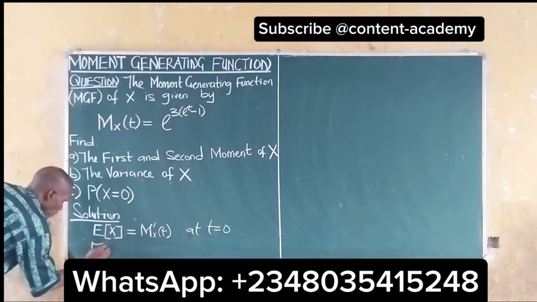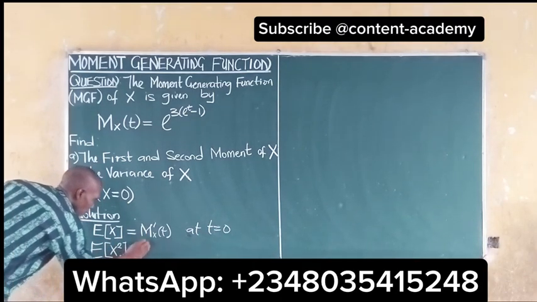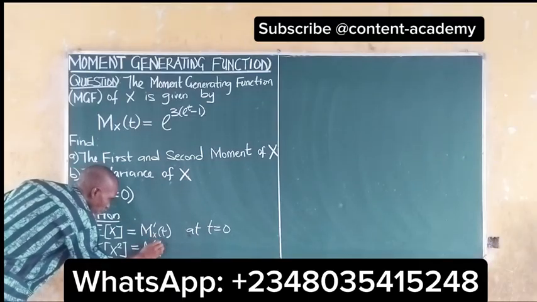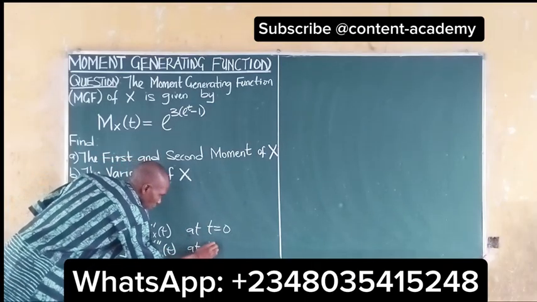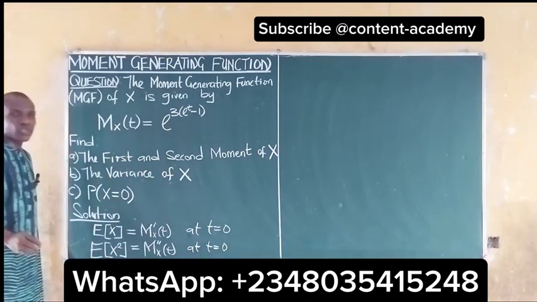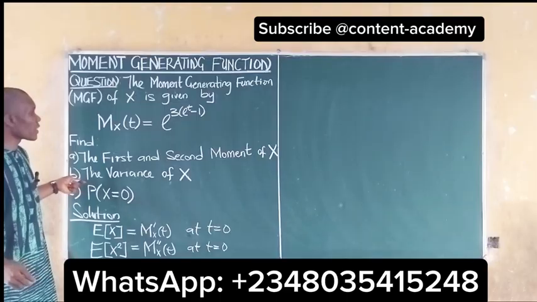Also, the second moment is the second derivative of the given function at t equal to 0. After this, we come to the variance.